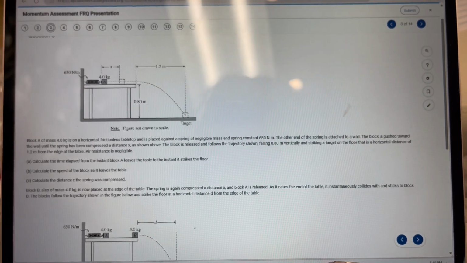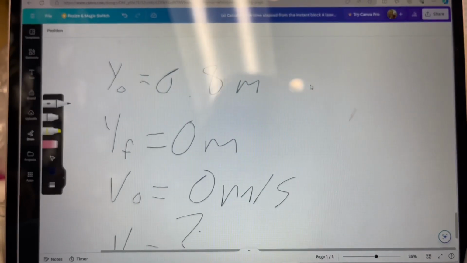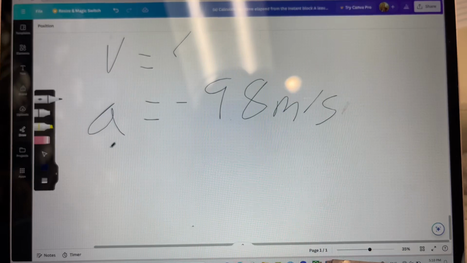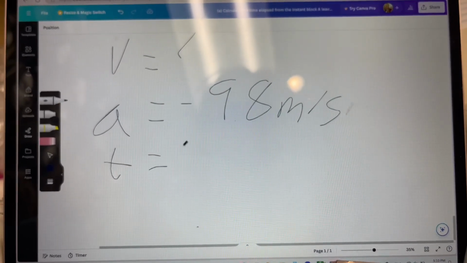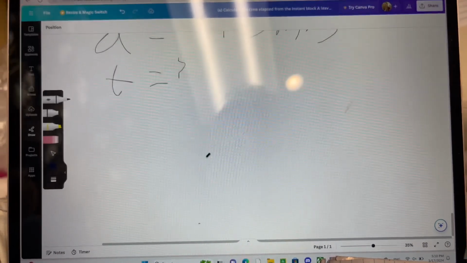And then the final thing to list is t, which we don't know, so we are going to put a question mark on that, and that is actually what we're trying to find.